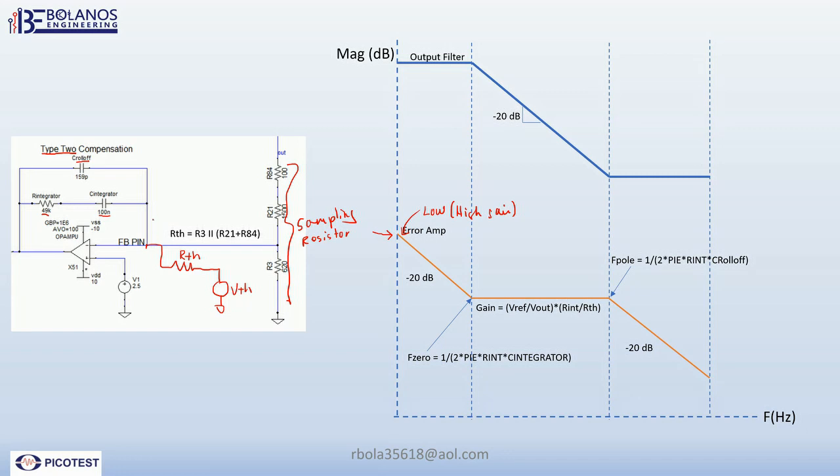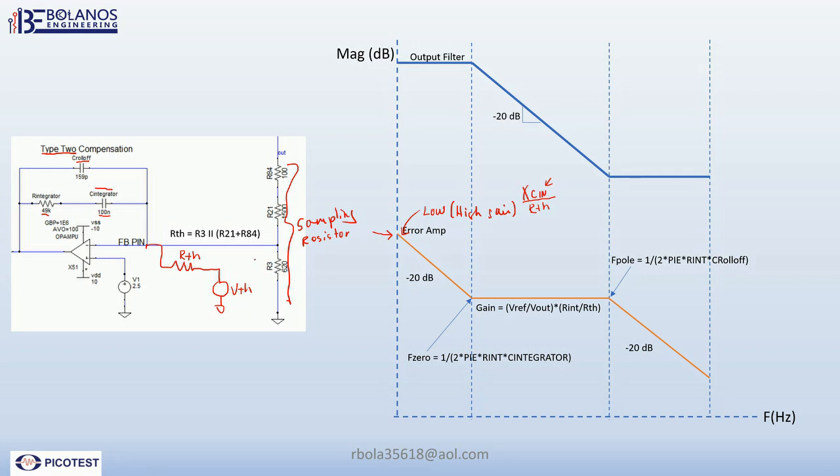The reason is that at low frequency, between the integrator resistor and the integrator cap, the dominant impedance is going to be the integrator cap. So it's basically the XC of the integrator divided by your R Thevenin. If this is big, you have high gain.